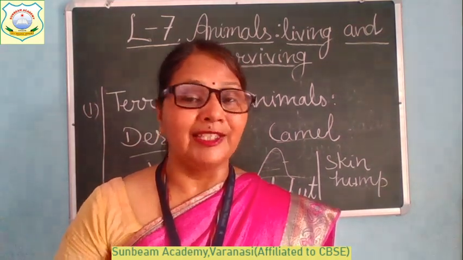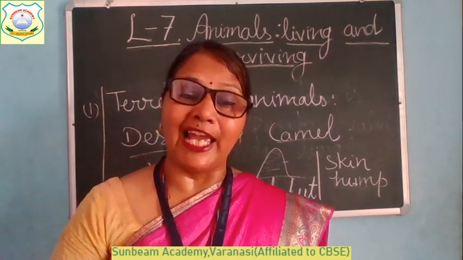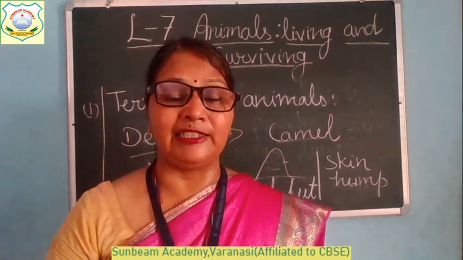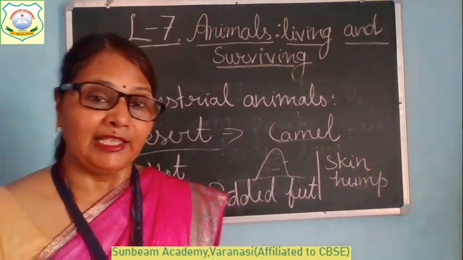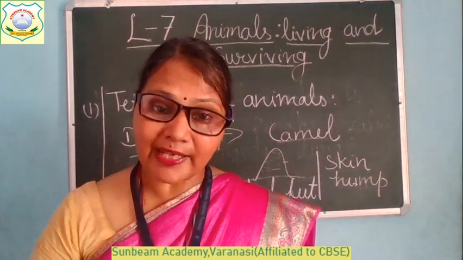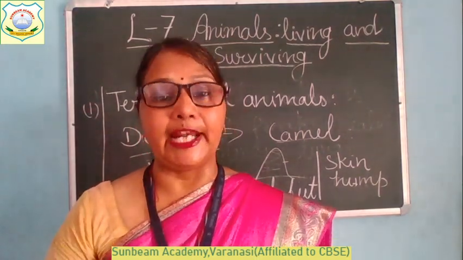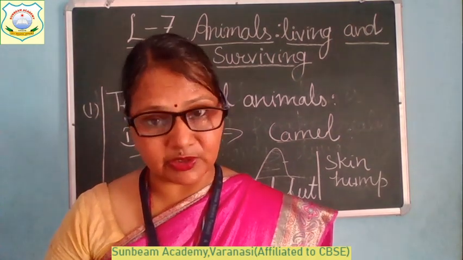Water नहीं होता है. They have special features. They have a water bag inside them, and they drink water one time. They drink a lot of water and keep it in their body, and they can use it for a longer time. These are called adaptations. ये सब terrestrial animals के adaptations होते हैं.